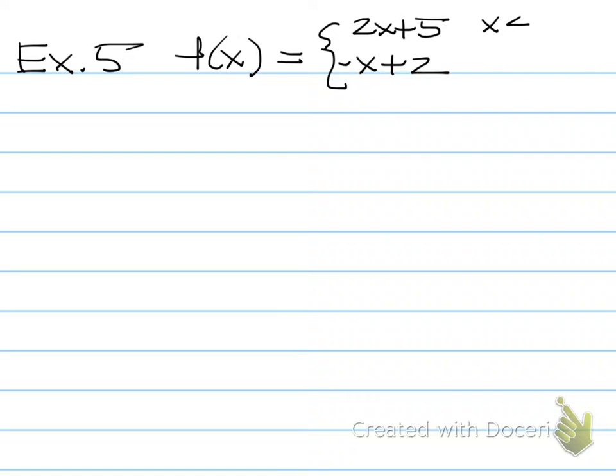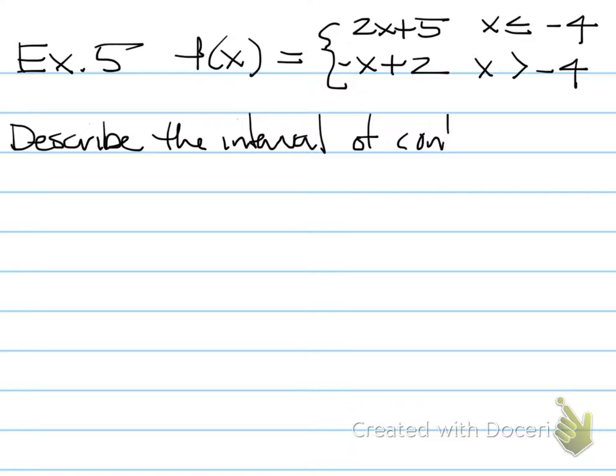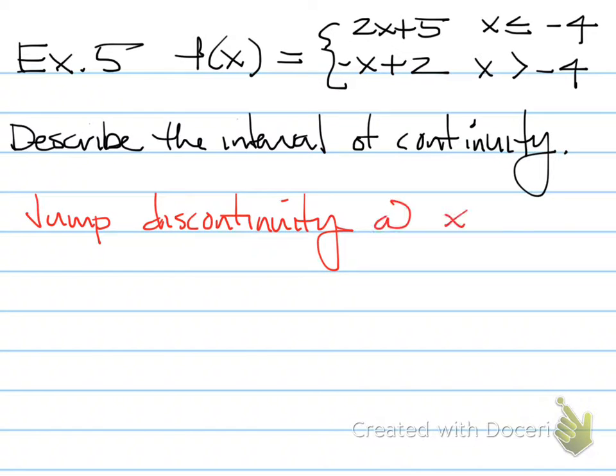And the last example, we have another piecewise function. And we see that there is jump discontinuity at x equals -4. There's a break. Therefore, the interval of continuity goes from -infinity to -4.